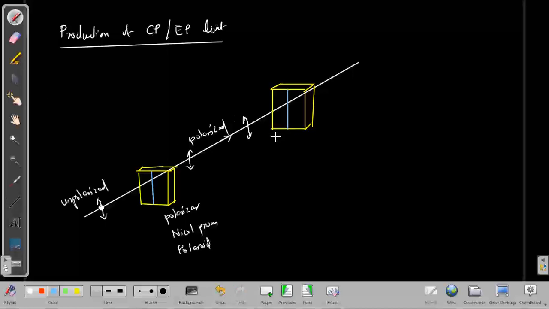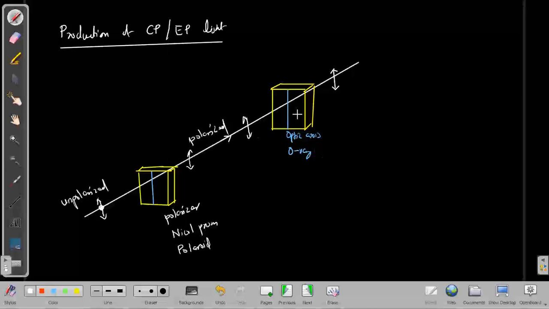Then what would happen? If this is the case, then after passing through the quarter wave plate, there will not be any change of polarization, because it will pass only the ordinary ray. There cannot be production of extraordinary ray, because this axis is the axis of the ordinary ray, and after this quarter wave plate, you will get only one ray. Again, you will get a linearly polarized light.